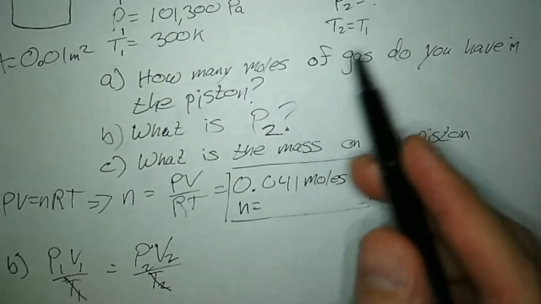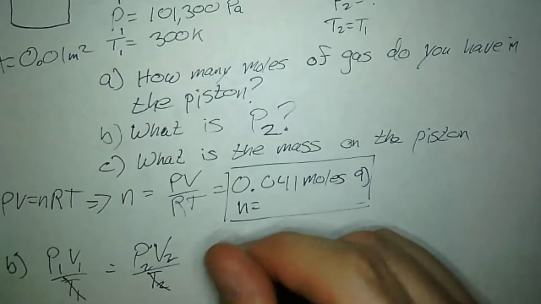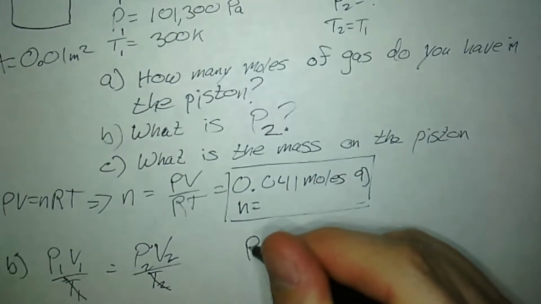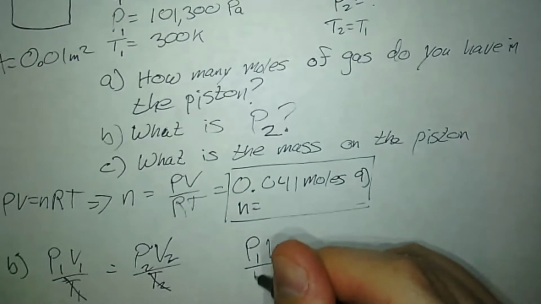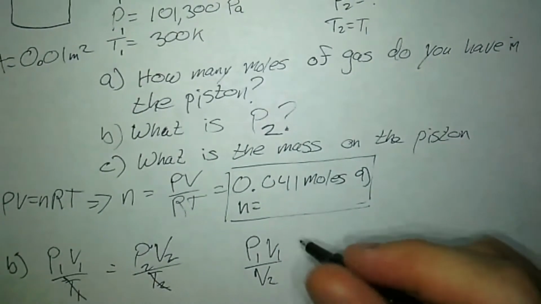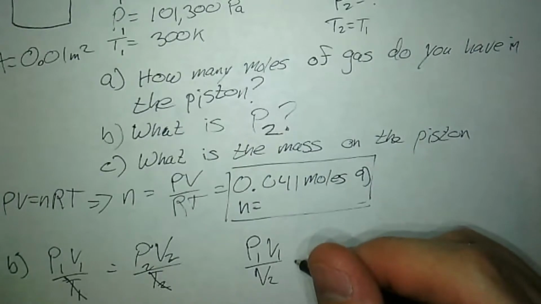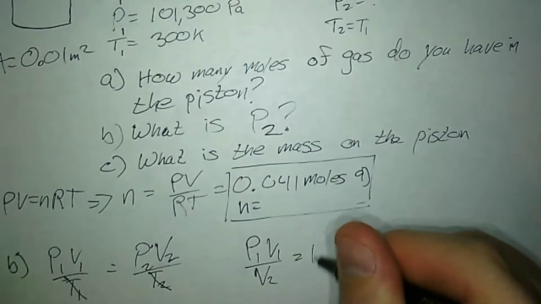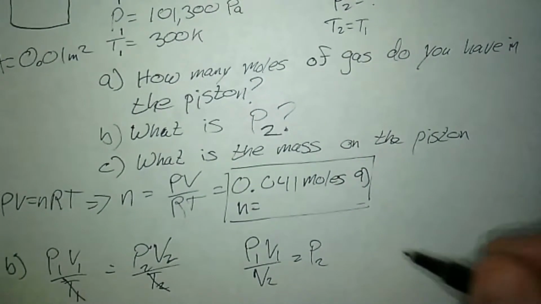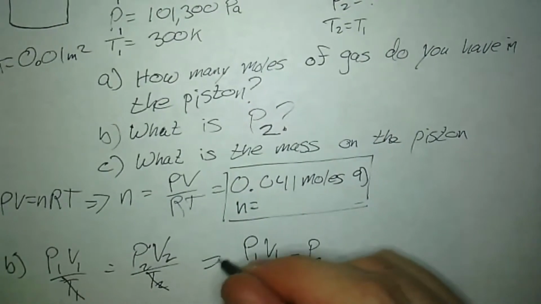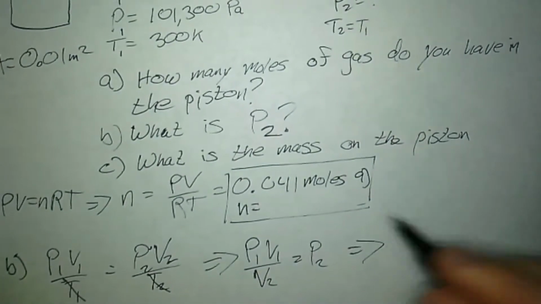So now I know that my volume went down by a half, right? So I know that P1 V1 over V2 is equal to P2. I don't even need to know these values actually, I can just figure out the relative change.